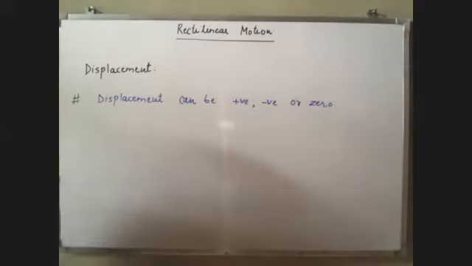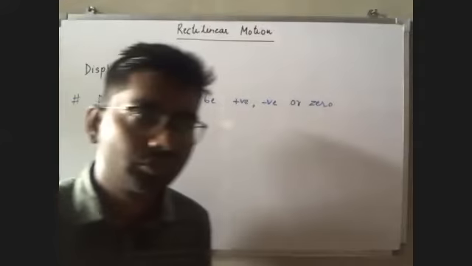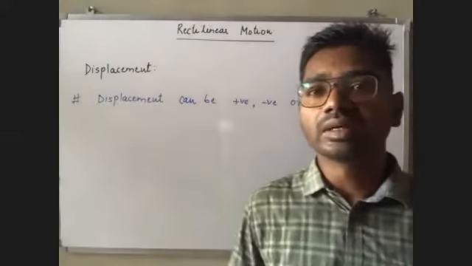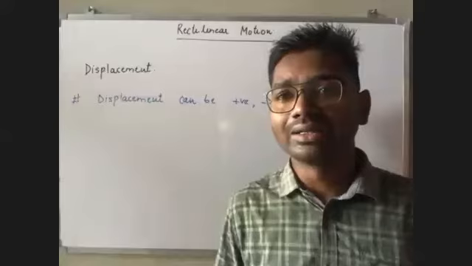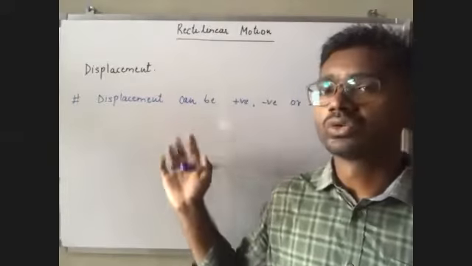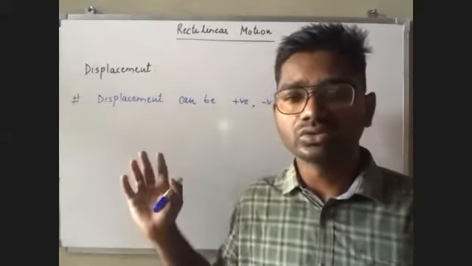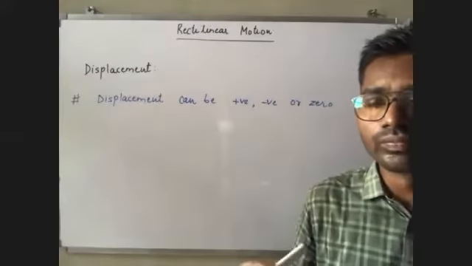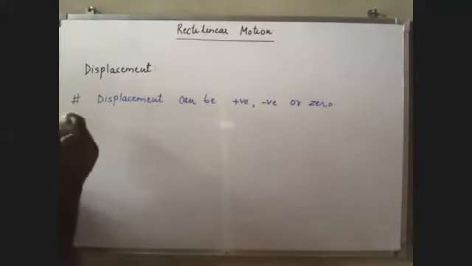Everyone note it down. Since displacement is a vector quantity, it is nothing but the final position vector minus initial position vector. The change in the position vector of the particle is called displacement. Since vector quantities can be positive, negative or zero, displacement can be positive, negative and zero. Now, next we need to talk about distance.